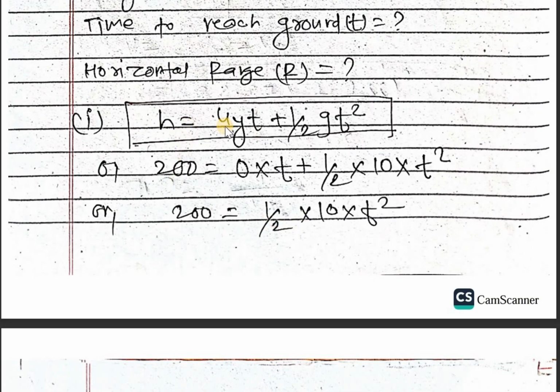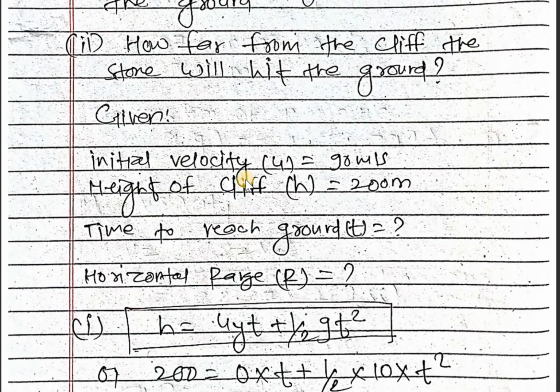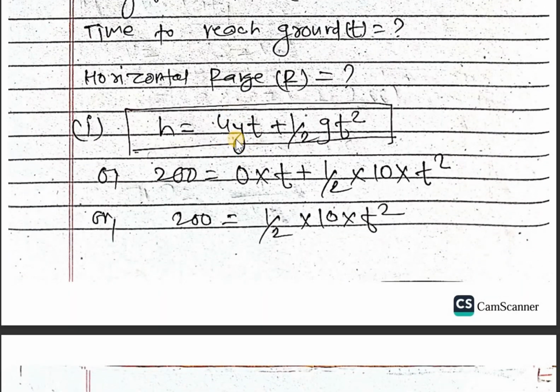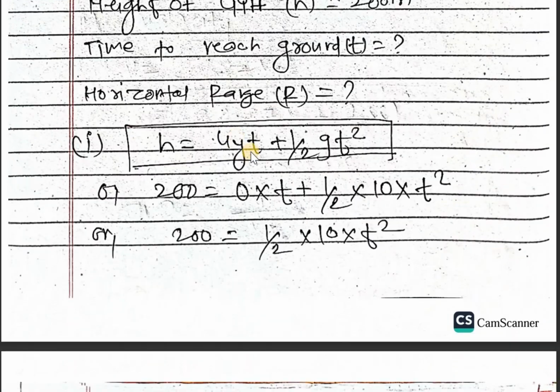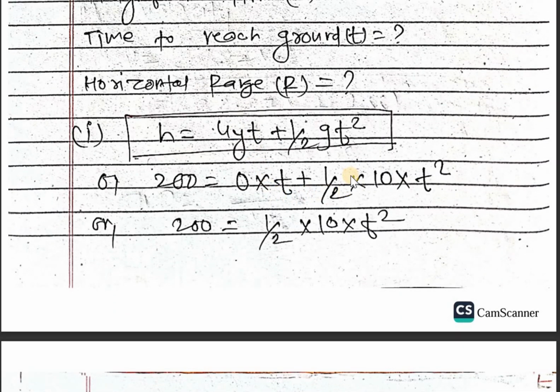We know S equal to ut plus half gt square, that is ut plus half at square. Therefore in place of S, we have already been given 200. Initial velocity uy is 0 into t plus half. The value of g is 10 and we have to find t.